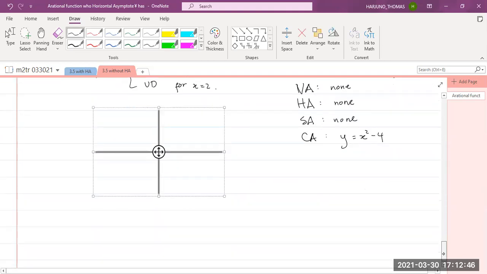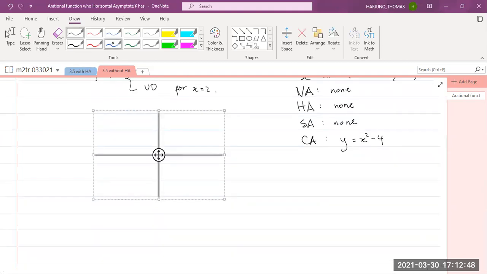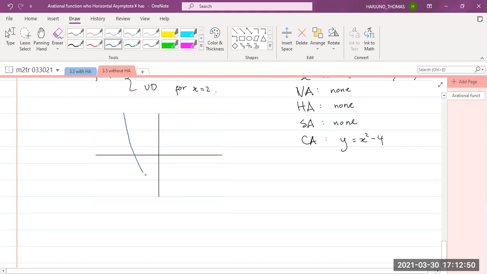That's the graph of x squared minus 4, except there is a hole at 2. Like that. That's basically it. I thought this question is hard. It turns out to be on the easy side.